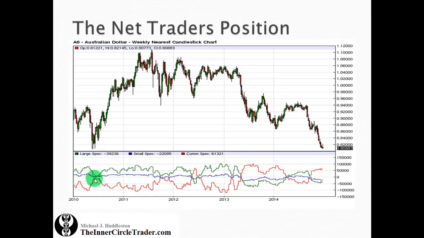So we have the commercials widening the interest in the long side and lessening their interest in the short side, and that is going to be indicated by a reduction, a rapid reduction, which is key, of their net short position.